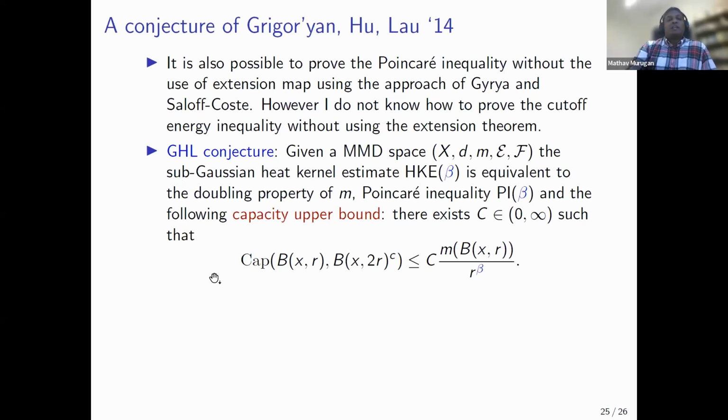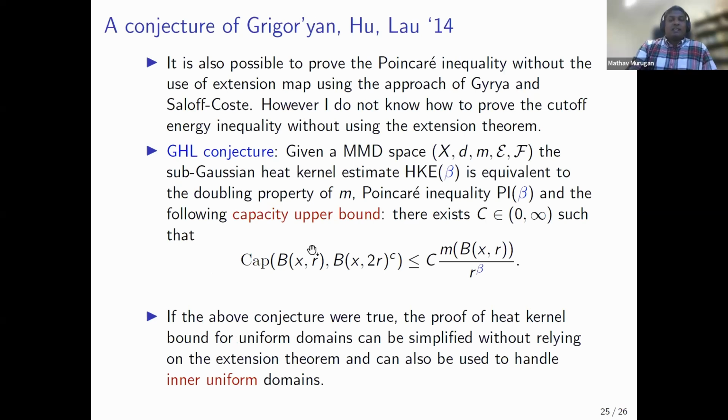If this conjecture were true, then one can show easily that this kind of capacity upper bound is inherited by reflected diffusions. Then the proof of heat kernel estimates for uniform domains can be simplified without using this extension theorem, which is what I would really like to do in order to handle these domains which can possibly have slits. These are the inner uniform domains.